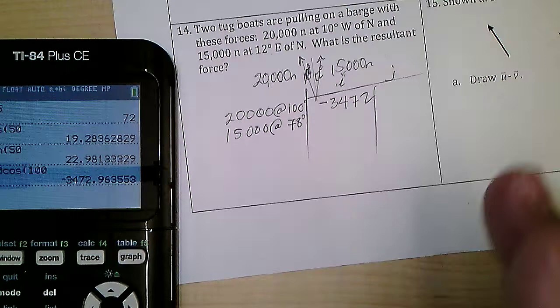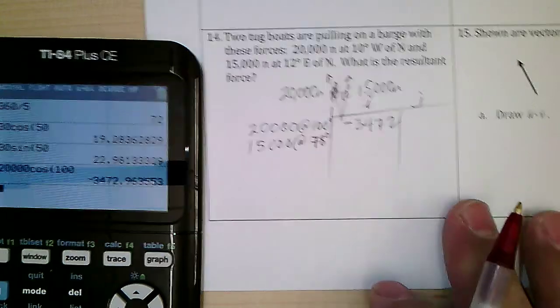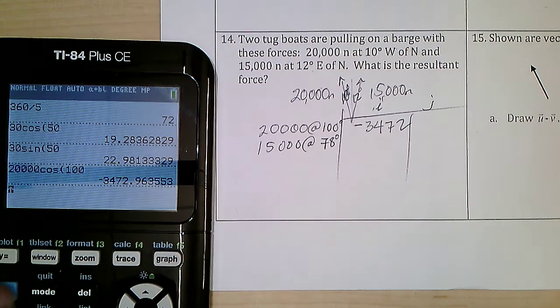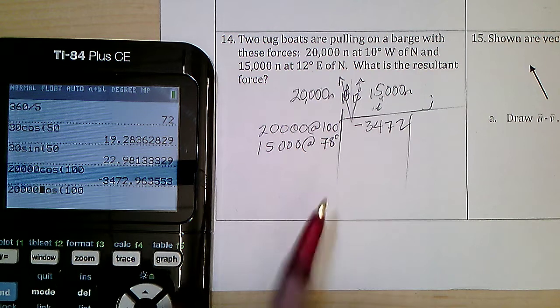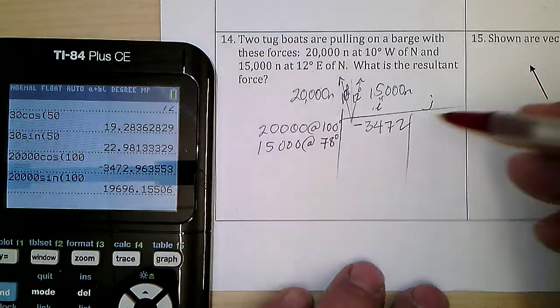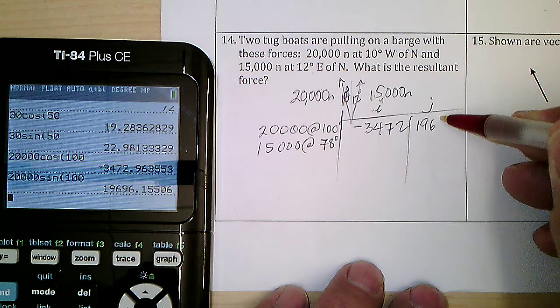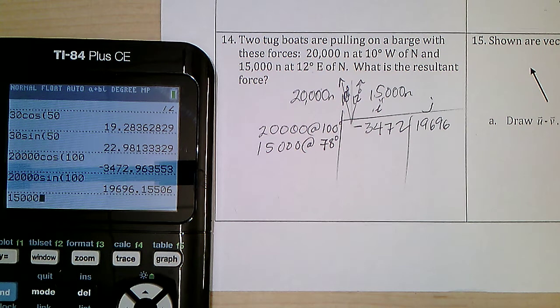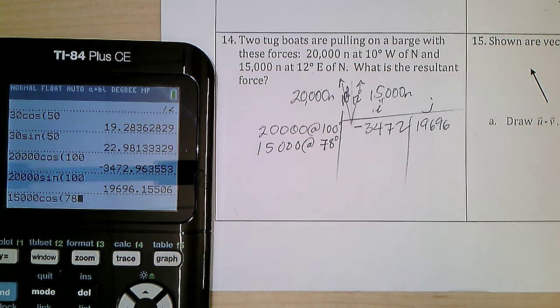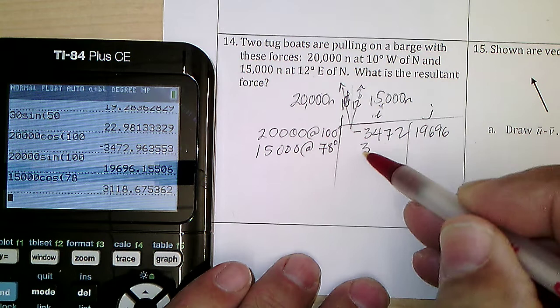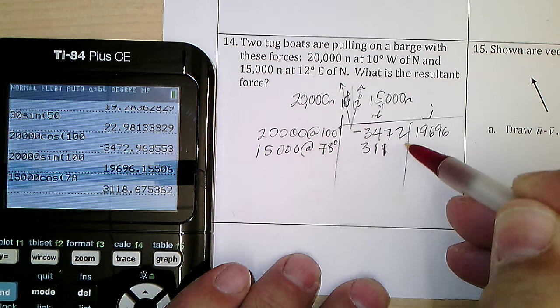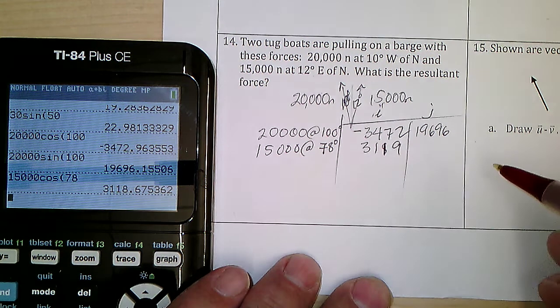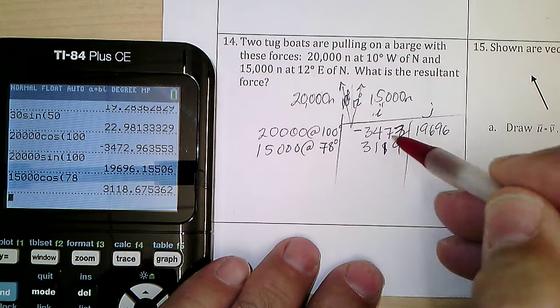Let's put this on this side. And then I need to do the sine of that, and I get 19,696. And then I've got to do it with 15,000 cosine 78, and 3119. This should have been 3 rounded off.